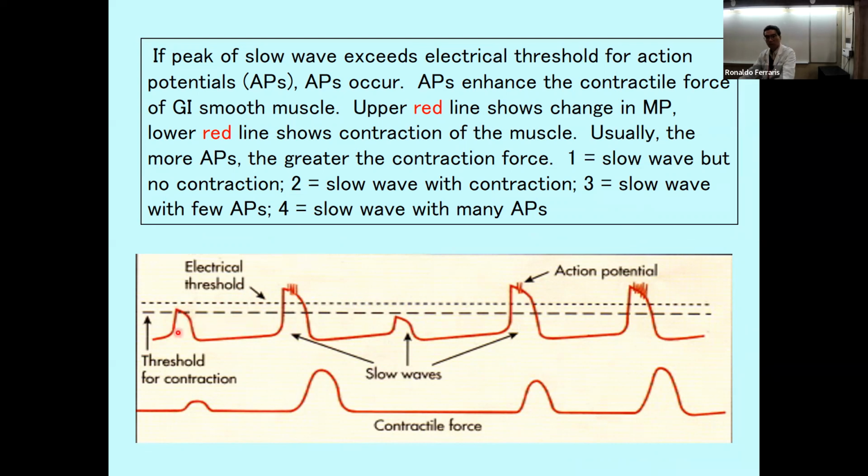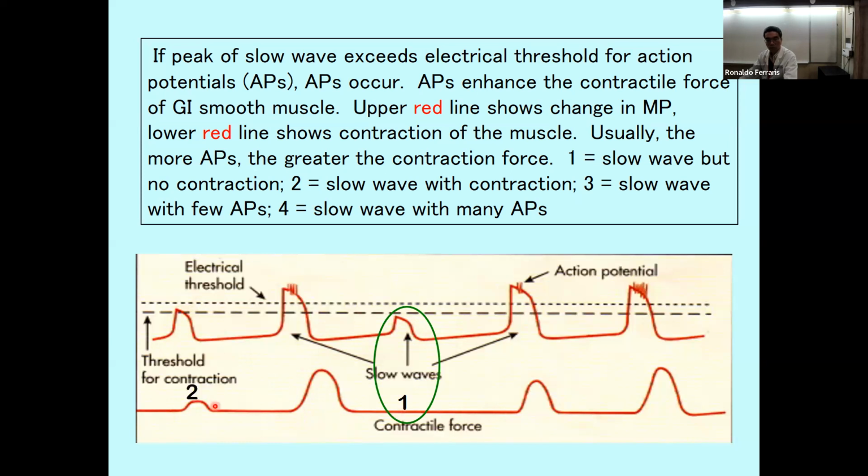So let's examine this. This is your smooth muscle contraction, and these are your slow waves. Scenario number one, there is a slow wave, but it doesn't cross the electrical threshold or the threshold for contraction. So no contraction happens.